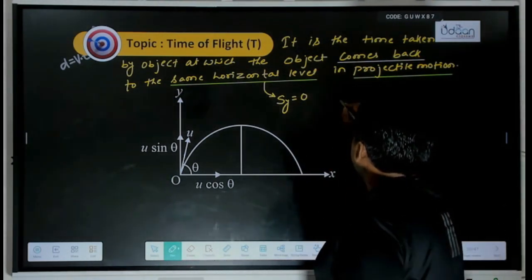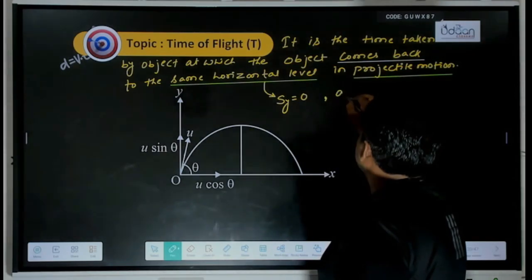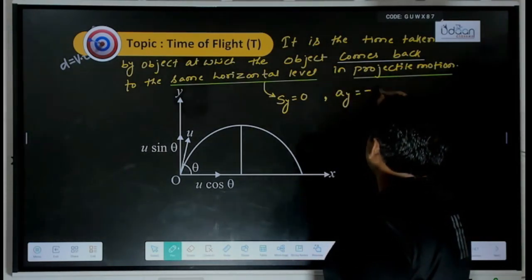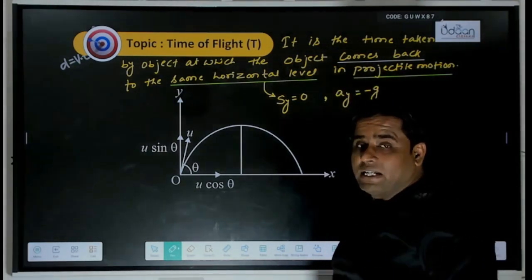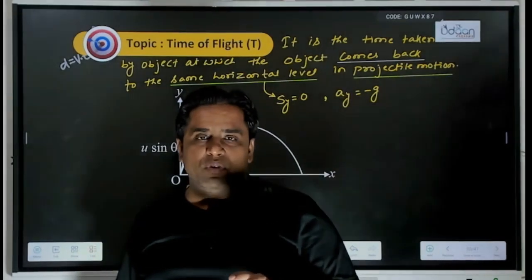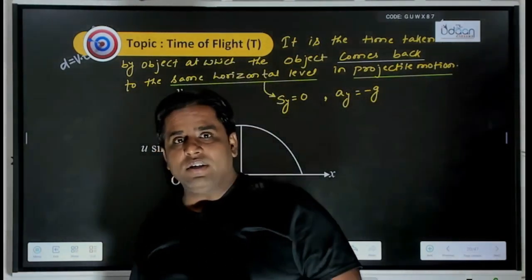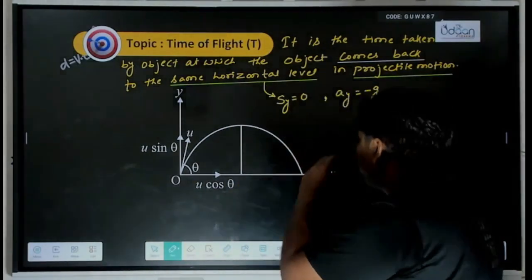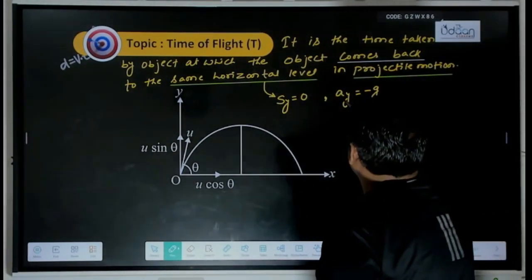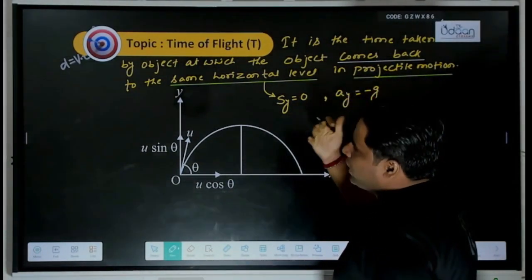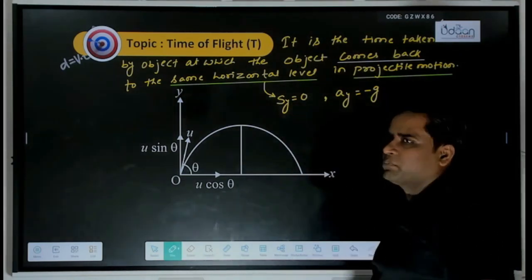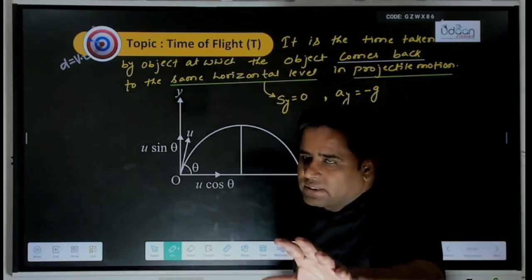We know that acceleration in the y direction is minus g, which is constant, so it is under uniformly accelerated motion on the y axis. We can find the time by keeping the displacement in the y direction to be 0.